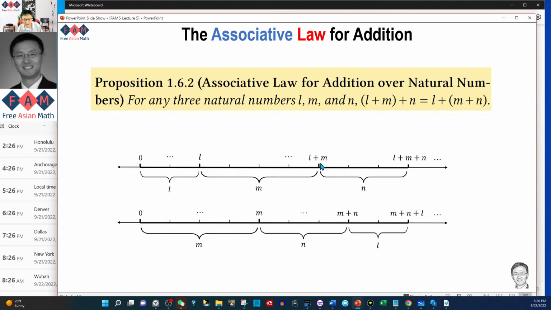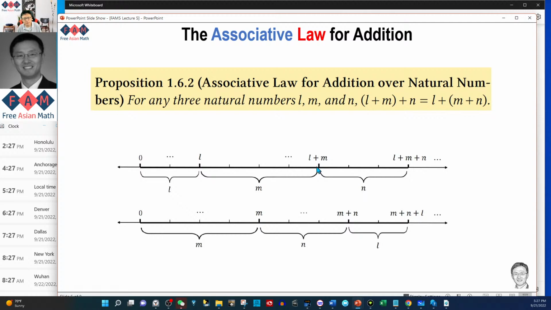We already know that. So L plus M is nothing but you combine 2 line segments. The first one is of the length L from 0 to L, and the second one is from L to L plus M. That's what addition means, right? Because you group them together, the result is another number, and we know that is at this point L plus M. That's our very definition of how addition works.